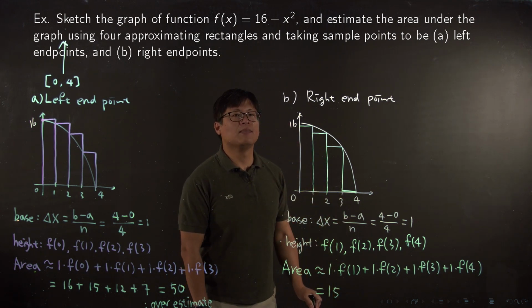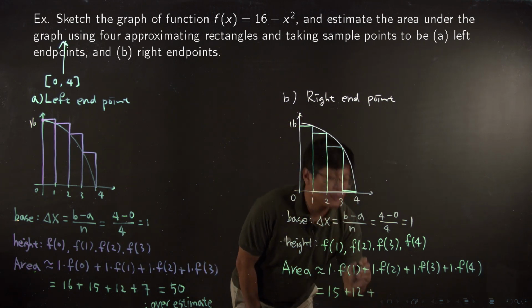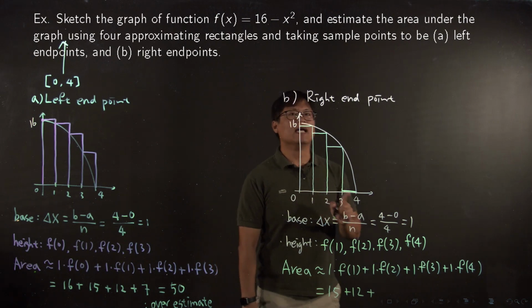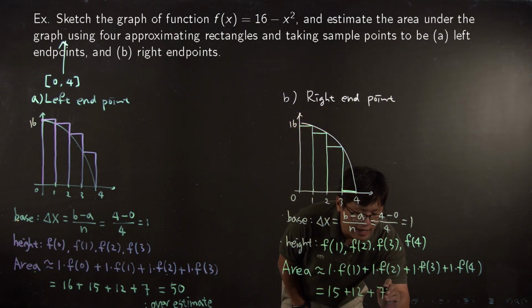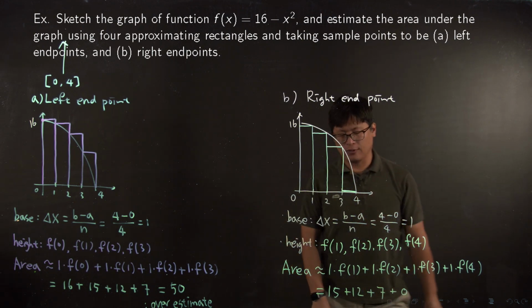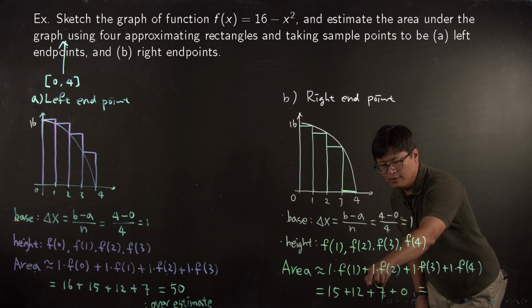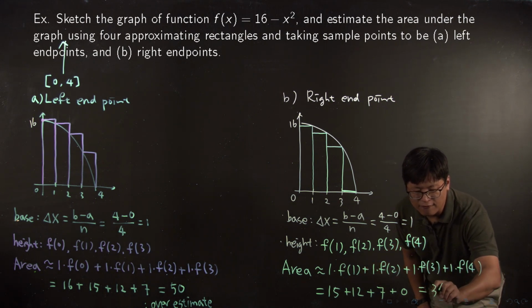Then 16 minus 4, which is 12. 16 minus 9, which is 7, and 16 minus 16, which is 0, okay? So that is equal to, let's see, 27 and 34.